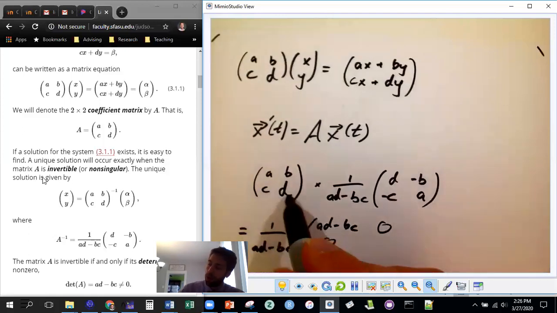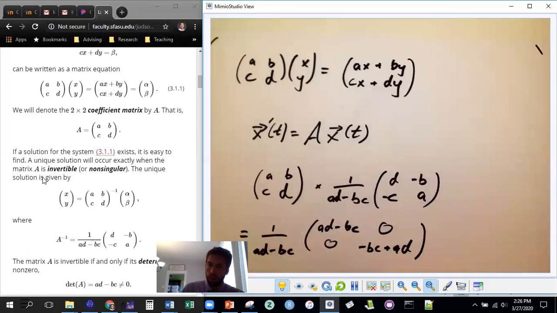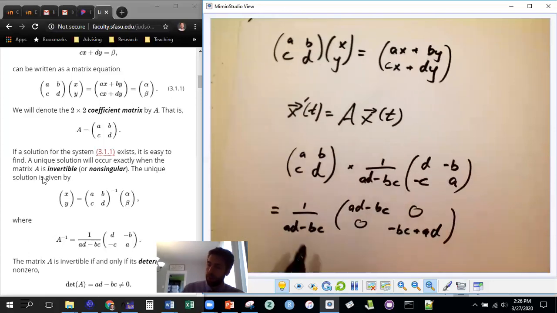And then row times column, which would be negative BC plus AD. Well, the way scalars multiply through a matrix is the scalar multiplies through every single entry. So then 1 over AD minus BC will just give 1, 0, 0, 1.